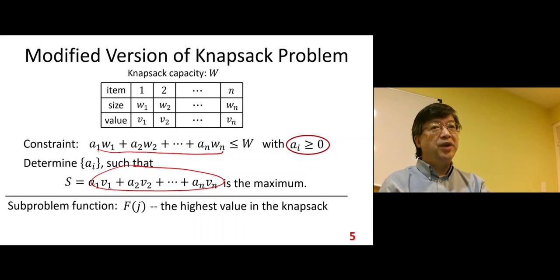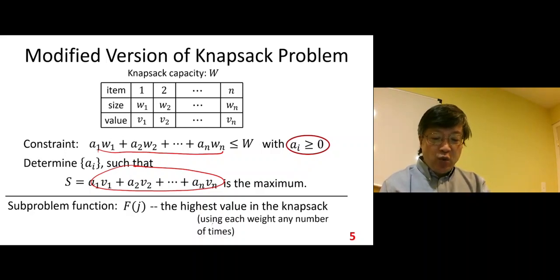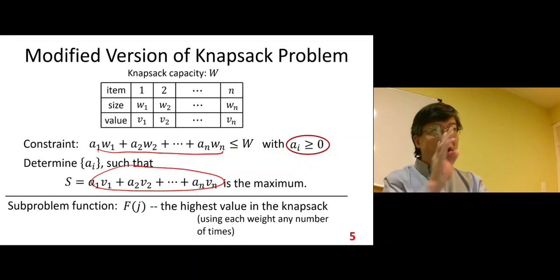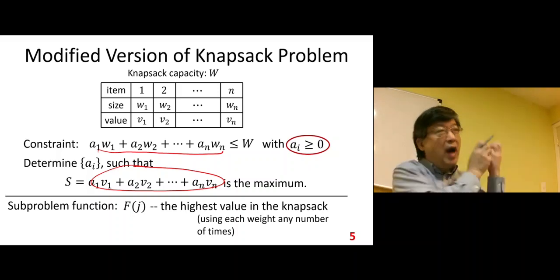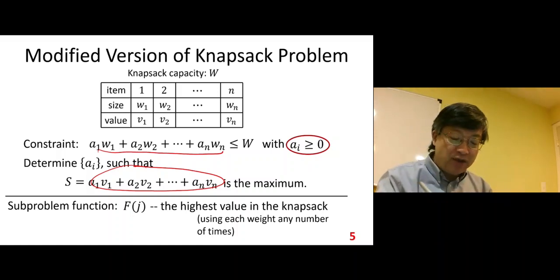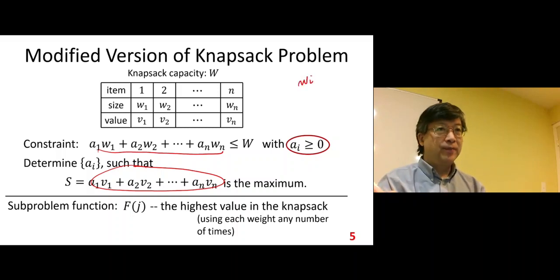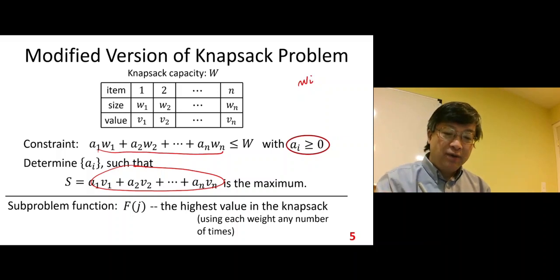Now, here you can see the recurrence relation. We use each weight many number of times. Now we can do single piece reduction. If we take away one item, that means we reduce the size by Wi, so then your size will become J minus Wi.